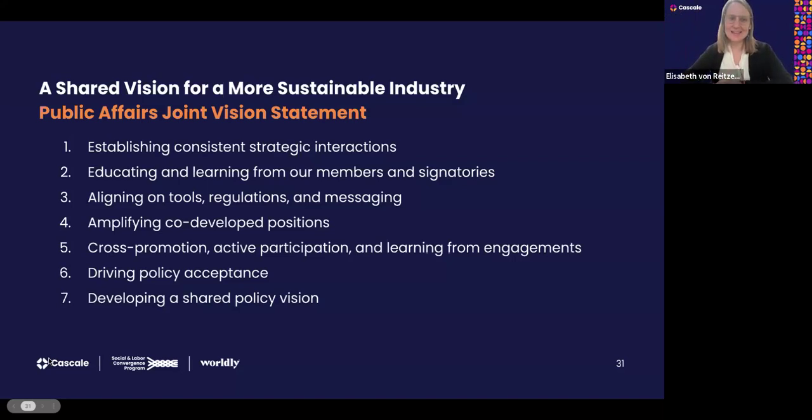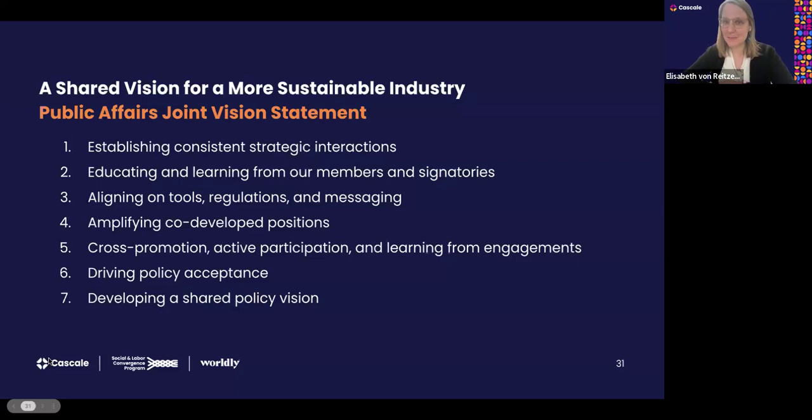And indeed, what does it mean? It does include areas where we, as SLCP and Cascale, committed to together. So the elements are establishing consistent strategic interactions, educating and learning from our members and signatories, such as with the session today.